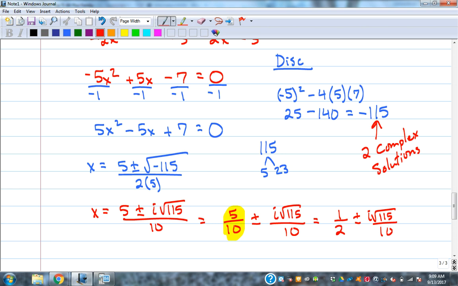And we can't get a decimal approximation for it because of the I in there. So we've got that. Just leave it that way. All right.